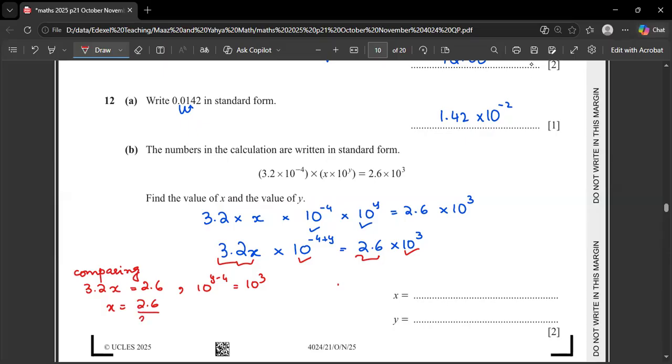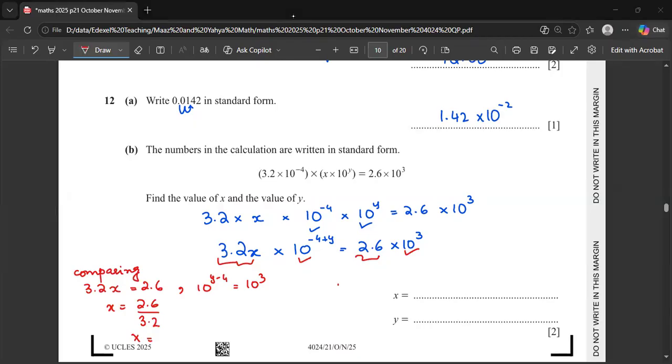Now we're going to make x the subject. Since the calculator is allowed, you can use the calculator. 2.6 divided by 3.2. What are we getting? Yahya, could you please tell me the value of x? 0.8125.